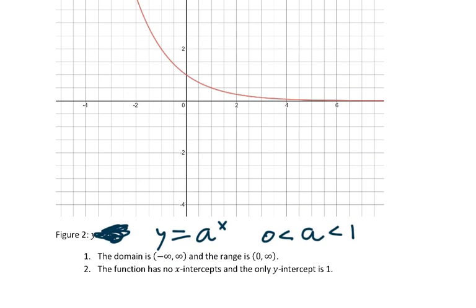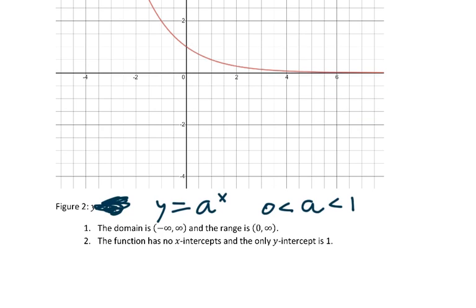Just like before, the function never intersects the x-axis. It gets very close, but it never intersects the x-axis. Numerically, as before, that means the function is never equal to 0. And the only time it crosses the y-axis is at 1, so the only y-intercept is 1.